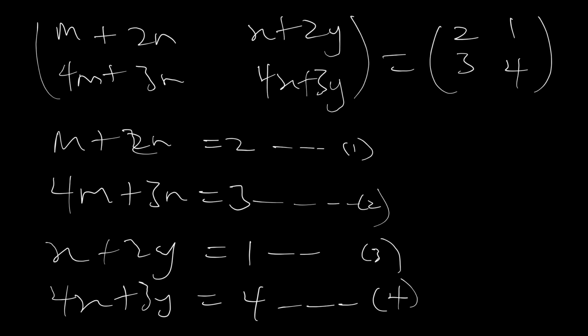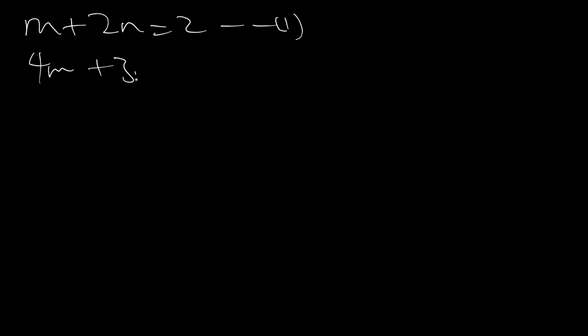So taking equation 1 and 2, we have m plus 2n is equal to 2, and 4m plus 3n is equal to 3. So now we have 2 simultaneous equations, and we use the method of elimination. So we can say that multiply equation 1 by 4.